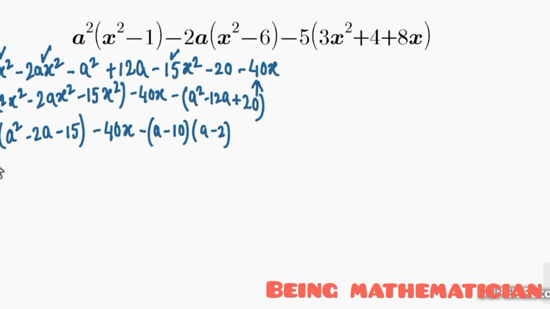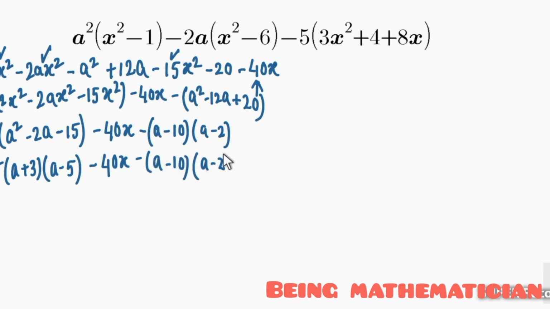Similarly, we also apply middle term factorization to factorize this expression a² − 2a − 15, and then we get (a + 3)(a − 5). Now it is a quadratic expression in x.